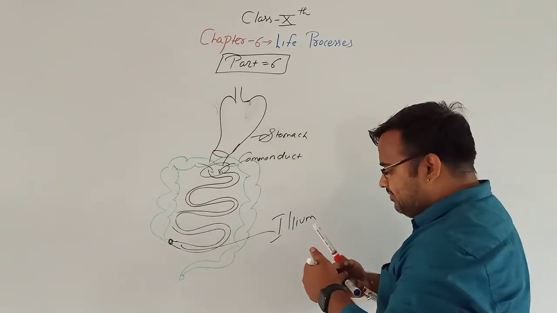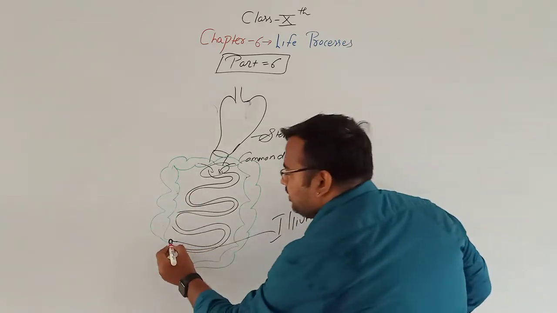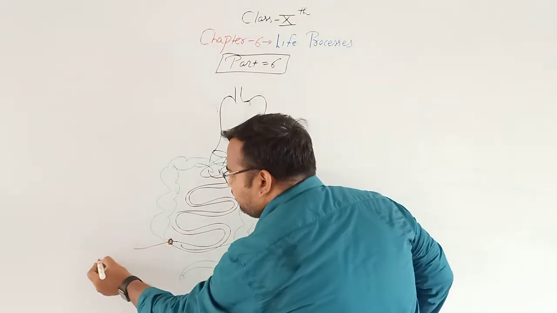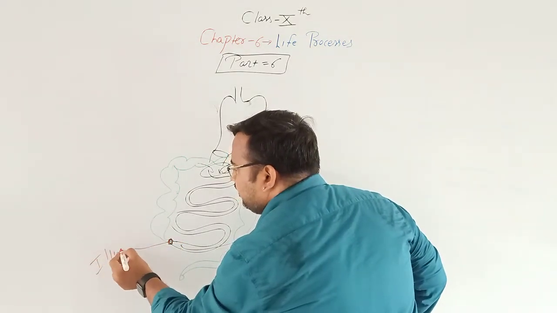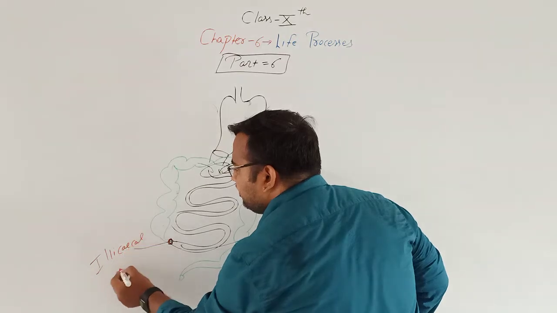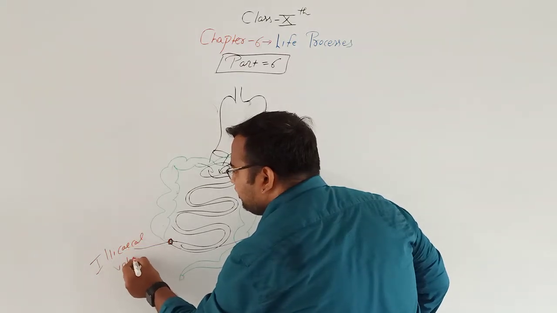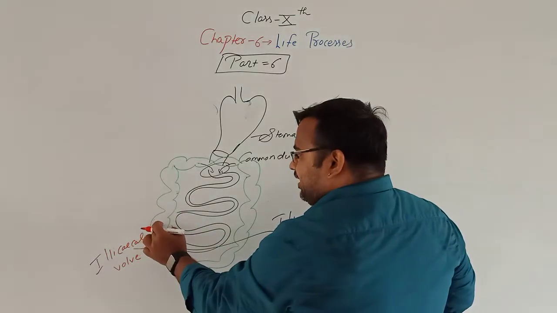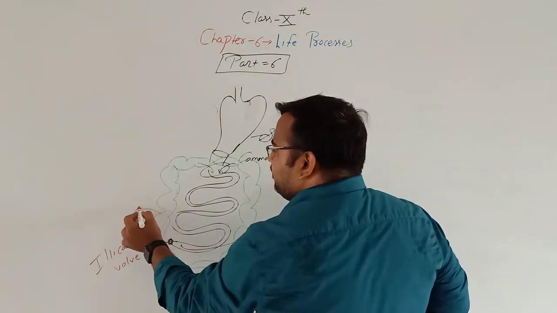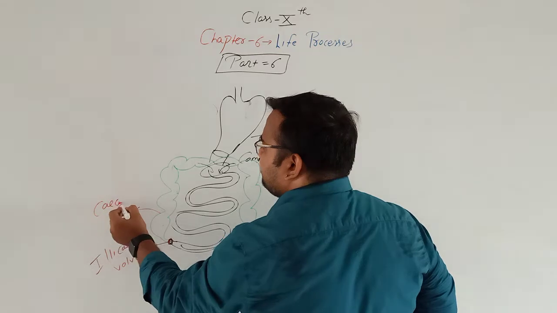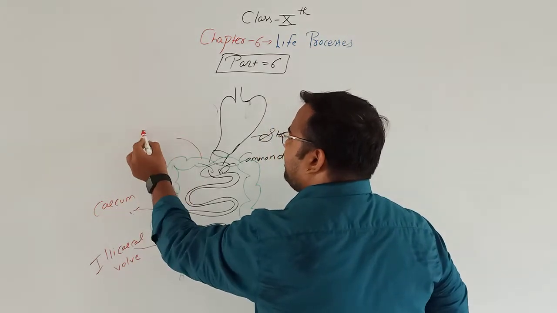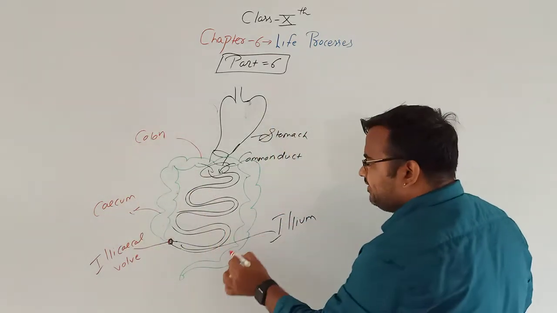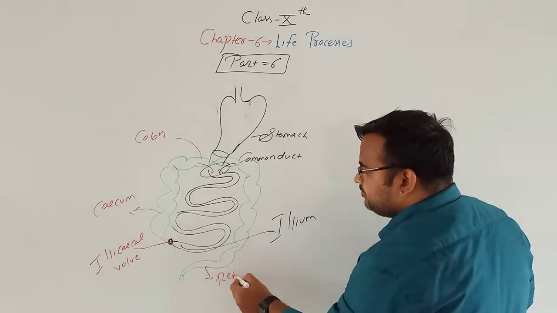This junction is known as the ileocecal wall. Now, the first part of the large intestine is known as cecum. The next part is the colon.